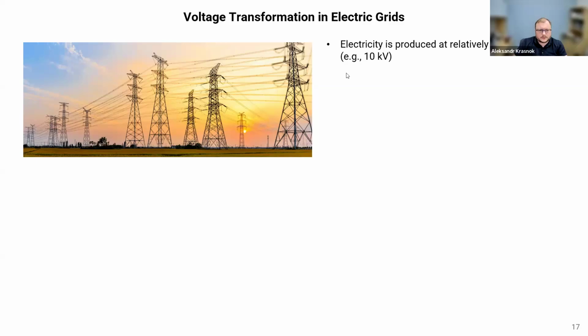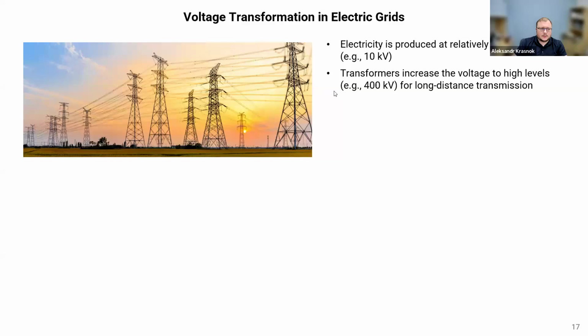What matters is that these generators generate the voltage at the level of around 10 kilovolts, which is considered to be quite weak, quite small voltage, low voltage. Then we use transformers to step up this voltage to much higher levels, let's say 400 kilovolts.